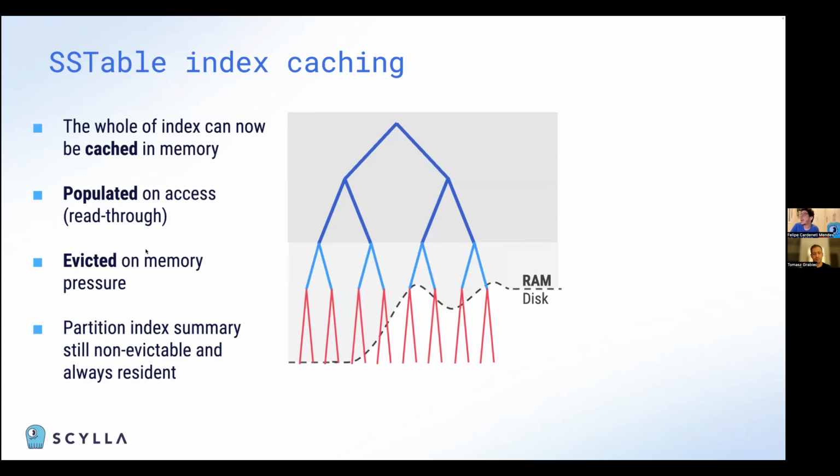All right. And the next improvement that we want to highlight for you is SSTable index caching. SSTable index caching is a feature Tomek here introduced and presented at ScyllaDB Summit. It essentially involves also caching the SSTable index component to further speed up reads that have to go to disk. The SSTable index is automatically populated on access and evicted on memory pressure in such a way that it doesn't affect your workload latencies by any means.